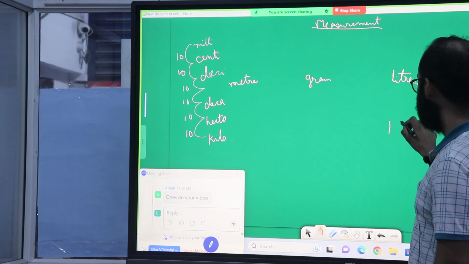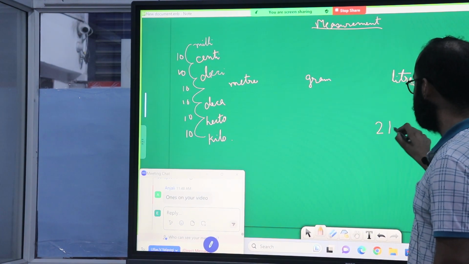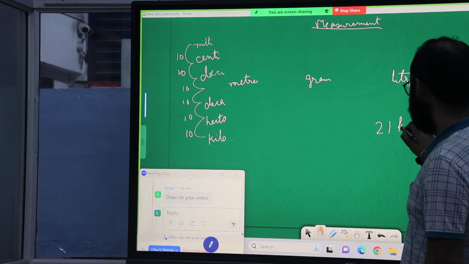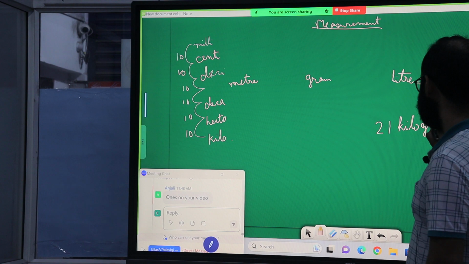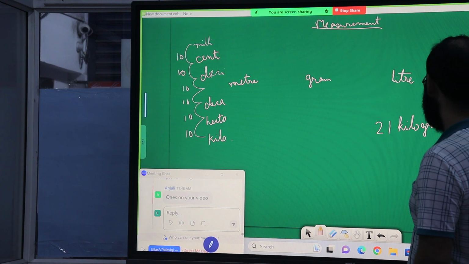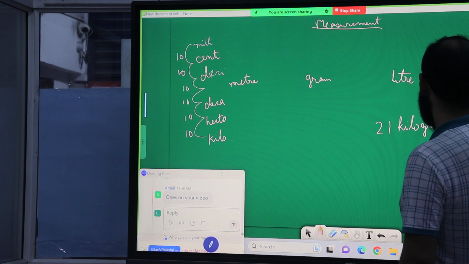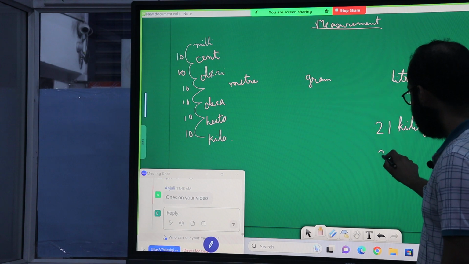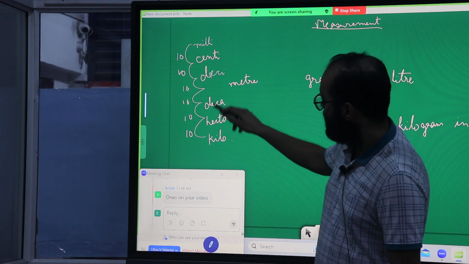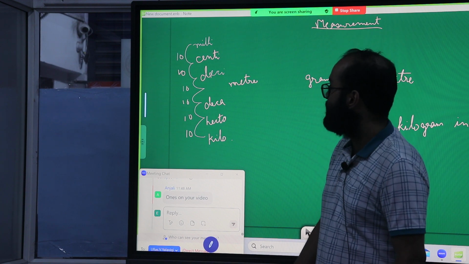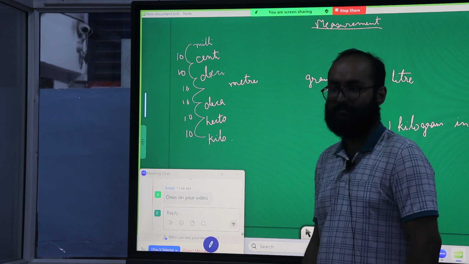For example, if somebody tells you, write 21 kilogram in decigram. So how much does kilogram differ from decigram?